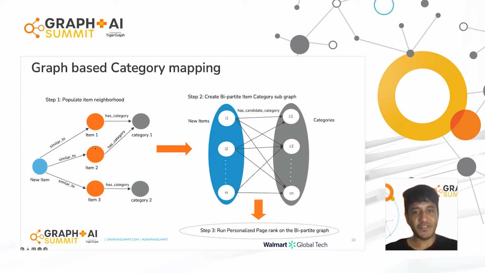On the left, we see a very simplified view of the graph schema with item neighbors relationship depicted using similar to edges. The nodes in blue are the new items, and the nodes in orange are existing items in the graph, which are already mapped to their respective categories, depicted using has category edge. The category nodes are shown in gray color.